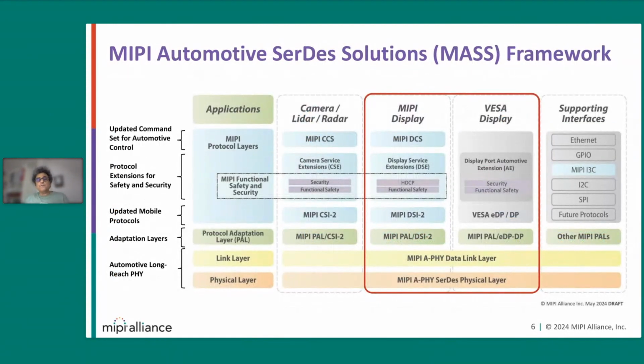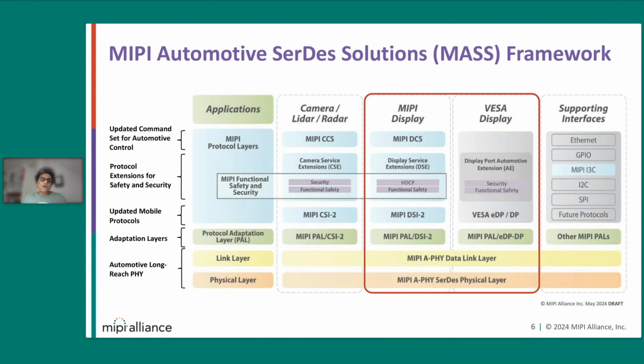This is the MAS stack diagram, which represents all the different specifications we have in MAS. On the bottom part, we have the automotive long reach PHY, A-PHY, with the A-PHY electrical, physical layer, and the data link layer.